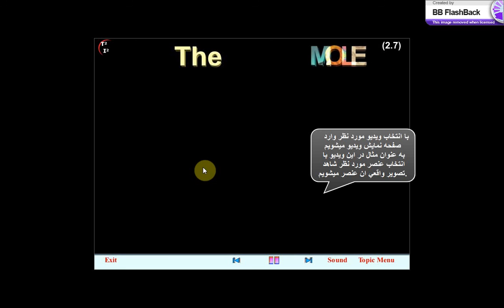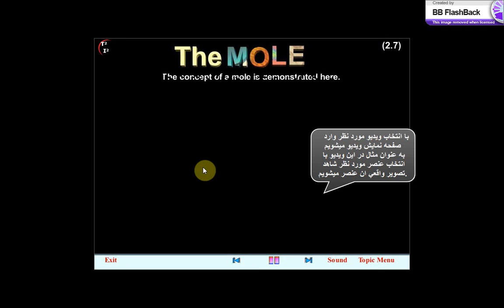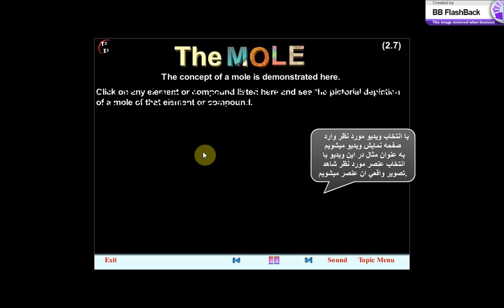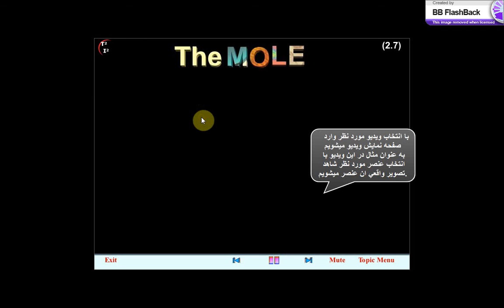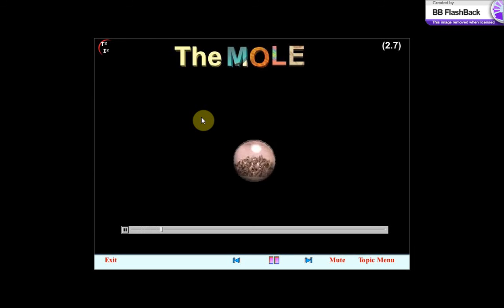You click on it. This is the introduction page for the video. So you can click on sound. Of a mole of that element or compound. If you click on each one of these, it will take you to the video that shows the element, like this.